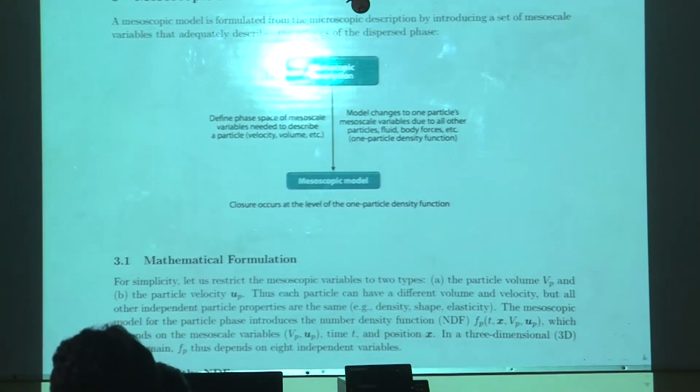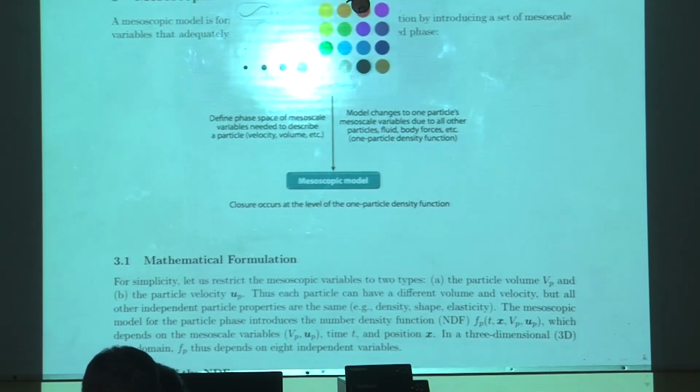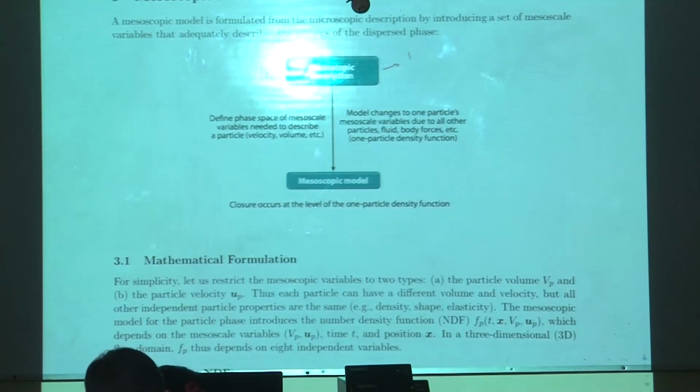By mesoscopic, again, I mean we've given up on trying to resolve things at the level of the particle-resolved direct numerical simulation. We essentially make the argument that this is too expensive, there's too much information.